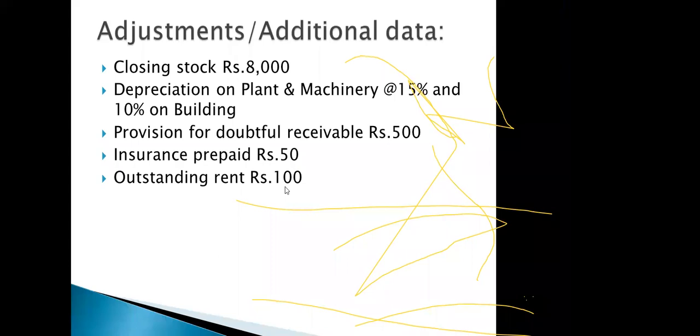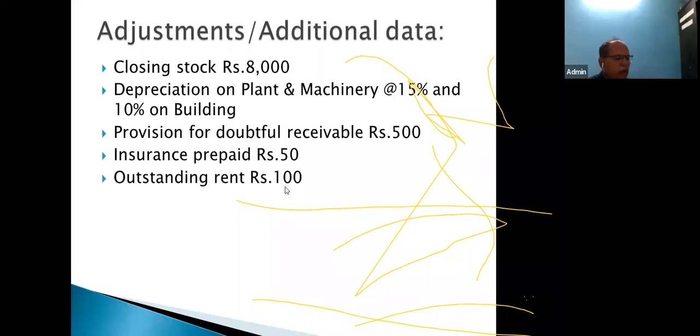And now once the profit is added to capital, if everything is properly done, then your asset should match with liability, your liability should match with asset. Means both the amounts will be matched together.